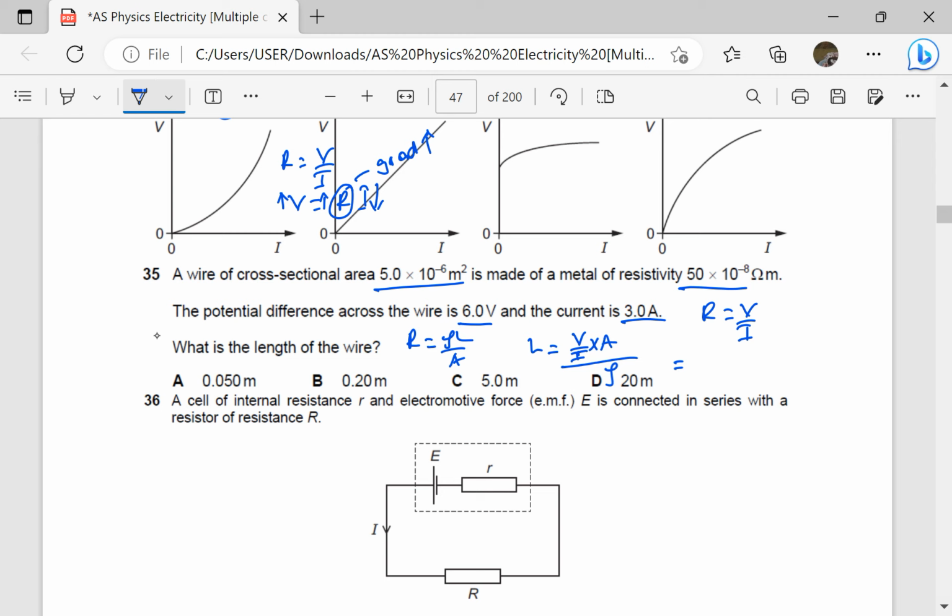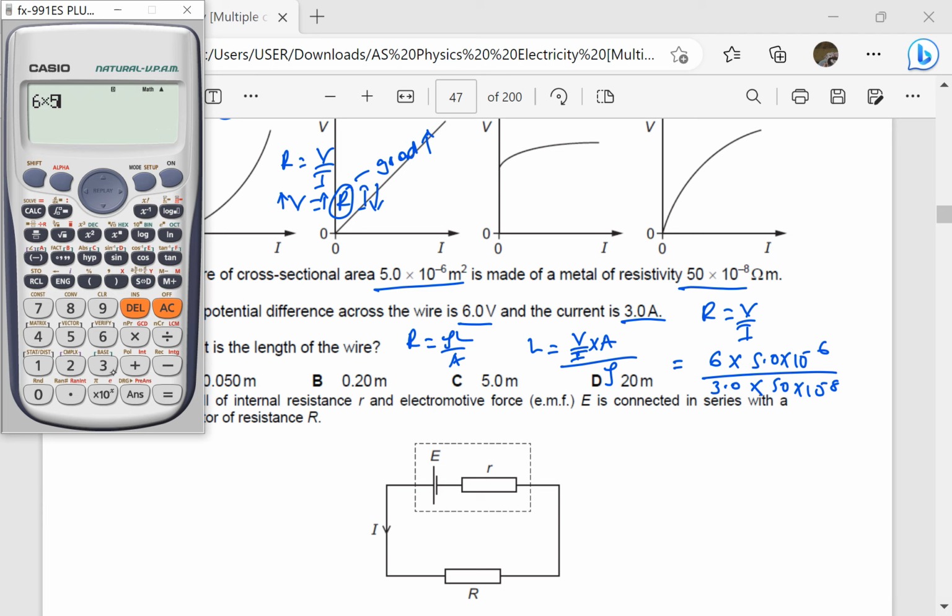In other words, L is going to be V, which is 6, times area, which is 5.0 times 10 power negative 6, divided by I, which is 3.0, resistivity, which is 50 times 10 power negative 8.